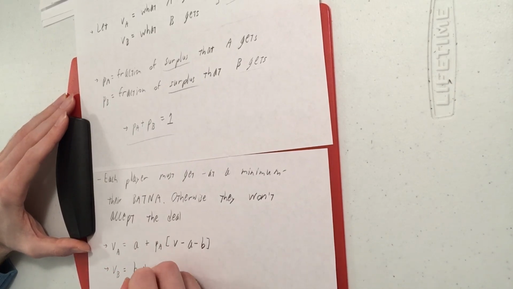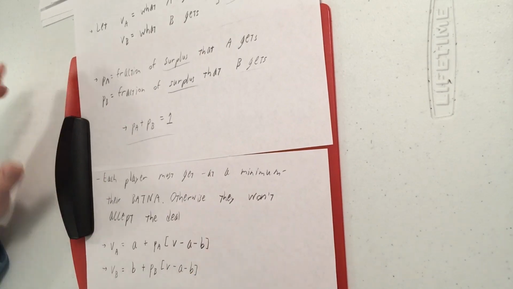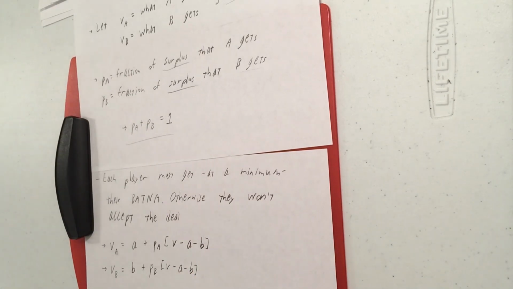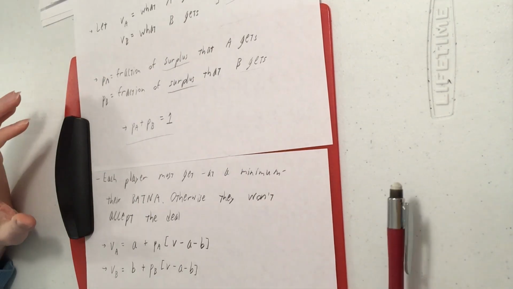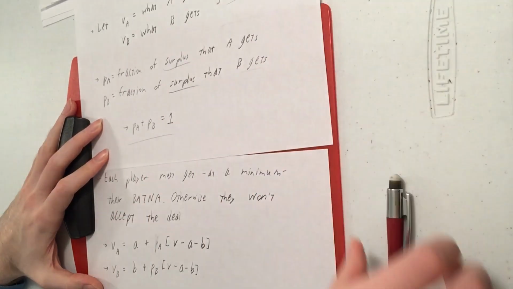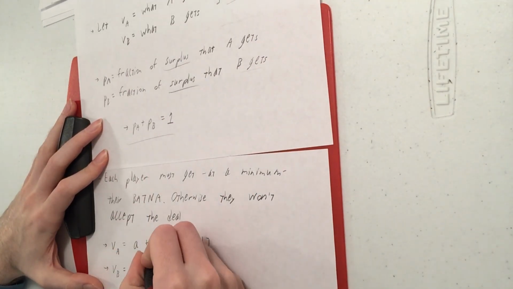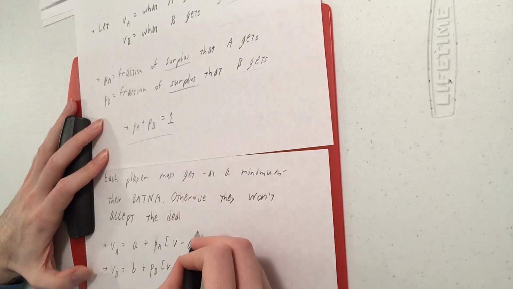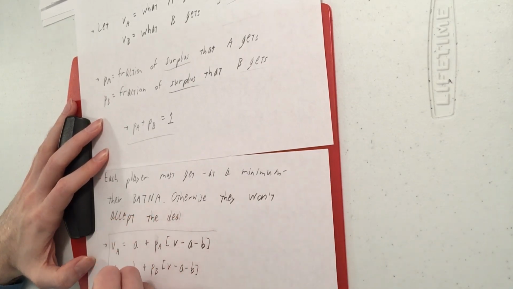Similarly, for person B, they get their BATNA and their fraction of the surplus. And that is Nash's solution.